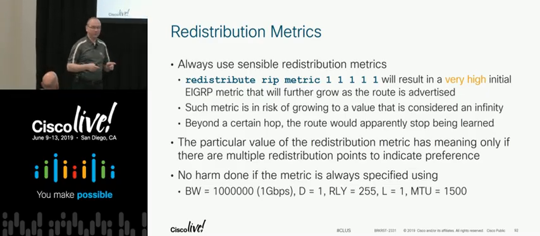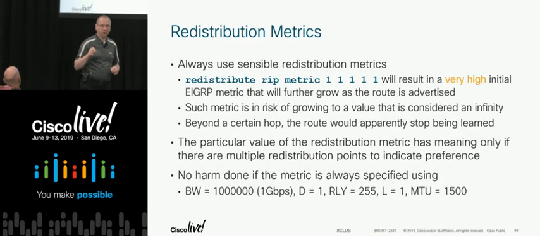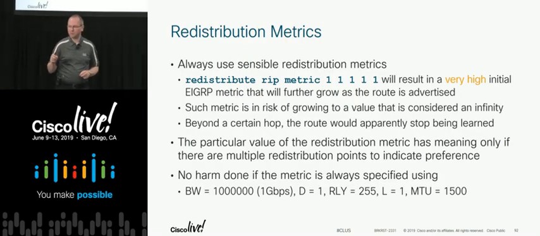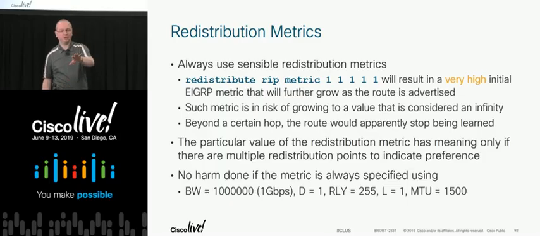And just a question, what is being used as the indication of infinity in EIGRP? Anybody knows? Listening? That's right, but since we have it all split into bandwidth and delay and reliability, where would this indication be put?